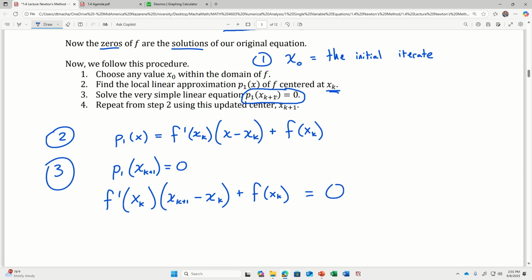And now solving for this xk plus 1 is pretty easy. I would just subtract f of xk from both sides. And I would still end up with all of this f prime of xk times xk plus 1 minus xk. Then I would divide both sides by f prime of xk.